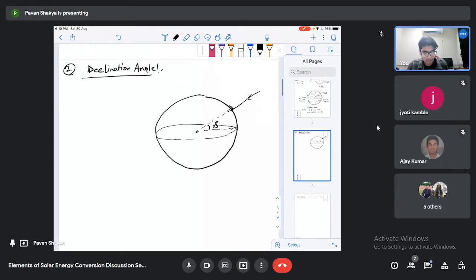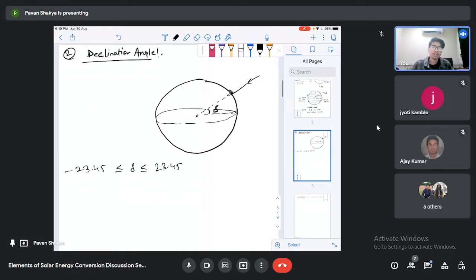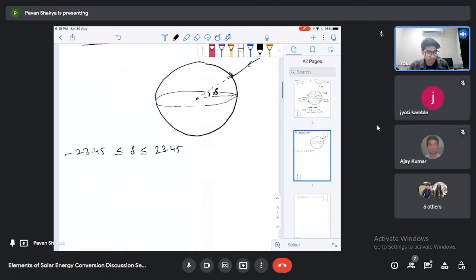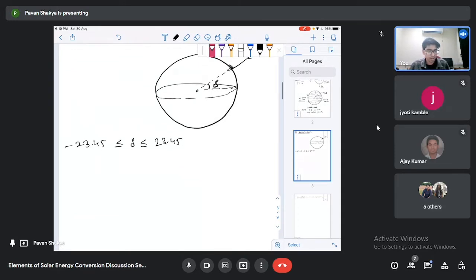And for Earth, this declination angle varies between 23.45 and minus 23.45. And how it changes throughout the year, I expect you have already seen in the figure, also with the expression.